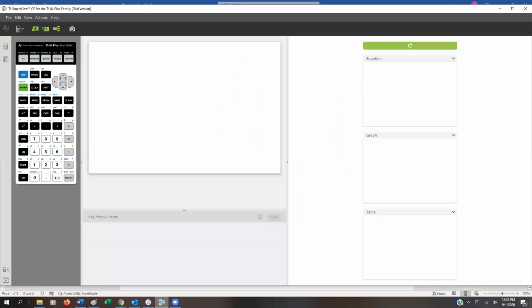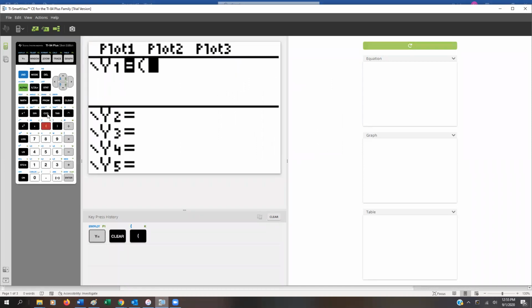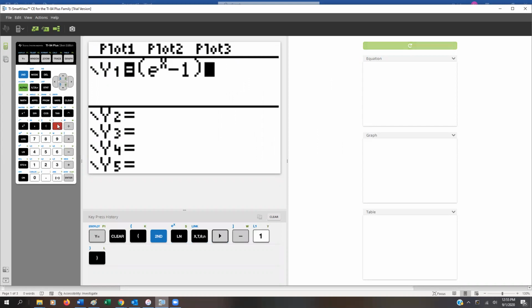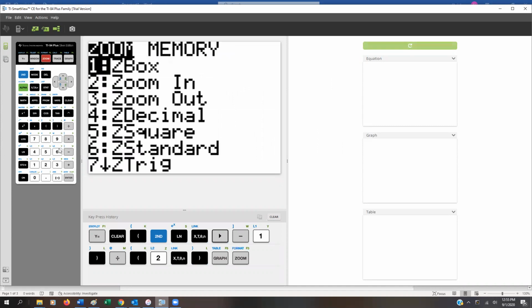So we're going to go into our calculator, and we're going to get y equals, and we'll clear this out. And I'm going to graph e to the x minus 1 divided by quantity 2x. And I'm going to zoom standard.